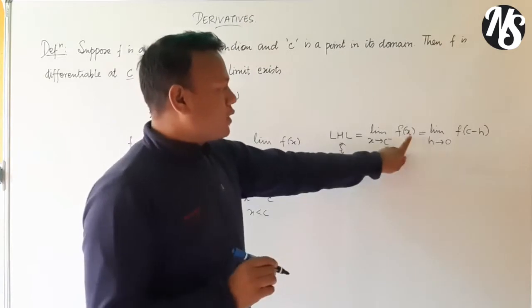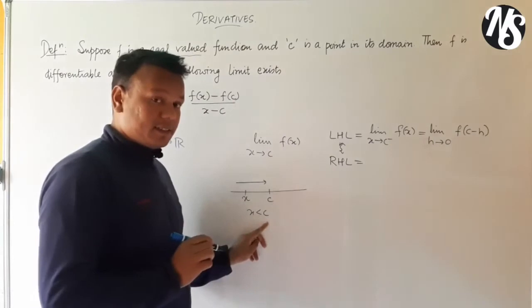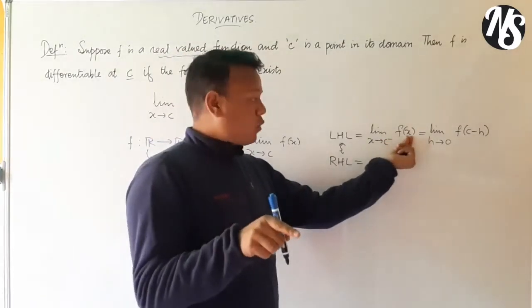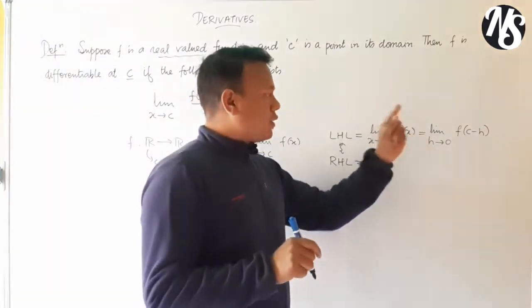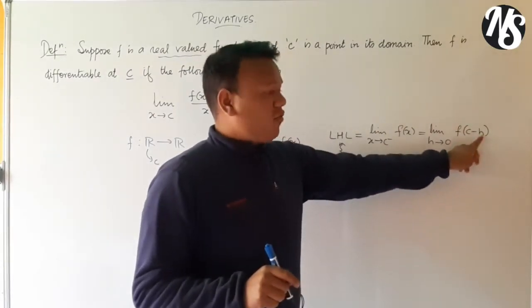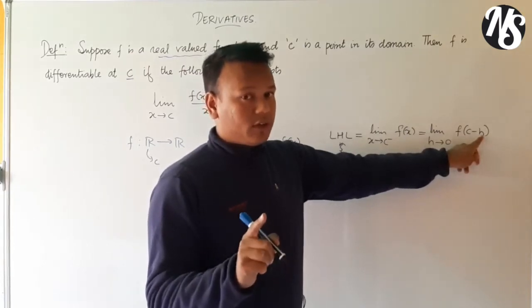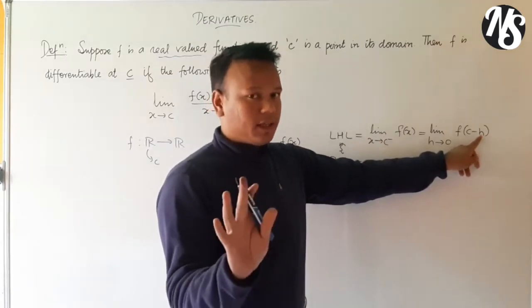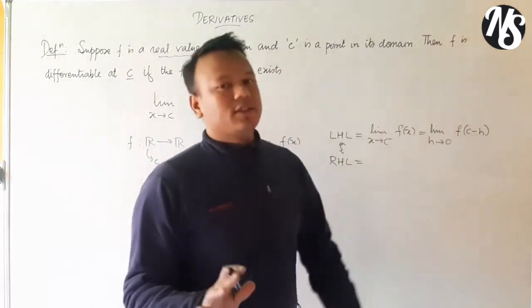Now see here, you know that this x is going towards c from left, that means x is less than c. So whatever quantity is within this f is less than c. Now this quantity is also less than c. You know why? Because if h is very close to 0 and it is a positive quantity, let me take h equals 0.01 or 0.1, then c minus h will always be less than c.